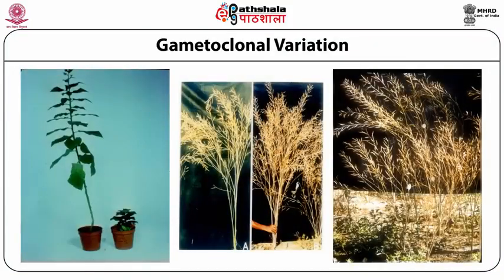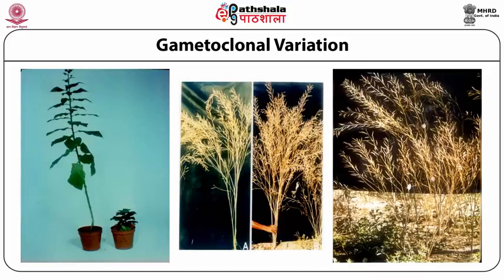Such variation is known as gametoclonal variation, as against the variation occurring in somatic tissue culture, known as somaclonal variation. The haploids are produced from the gametic cells, and you know the gametes are formed by the process of meiosis, and meiosis is characterized by recombination and segregation. And therefore, the population that you get from these is heterogeneous.